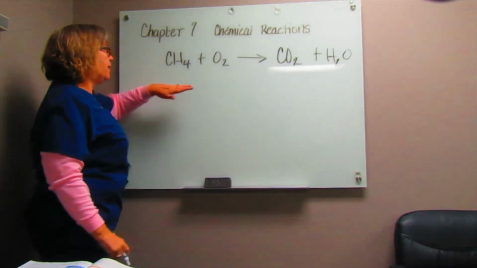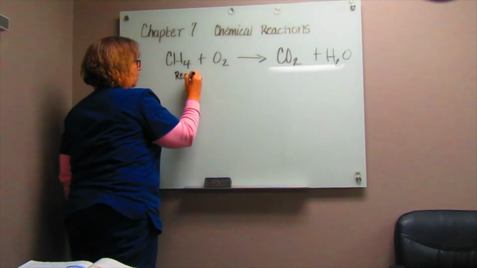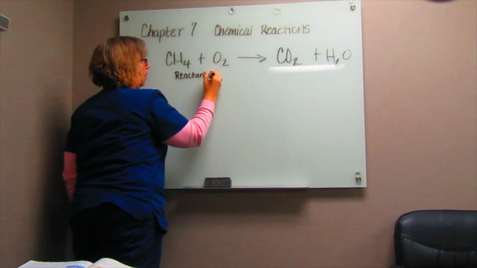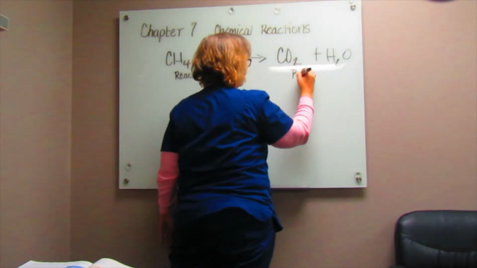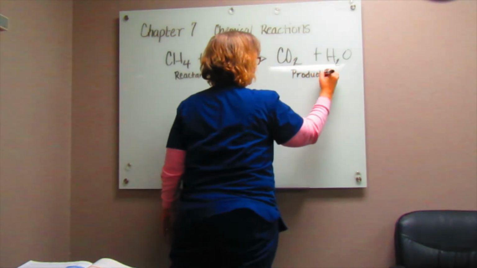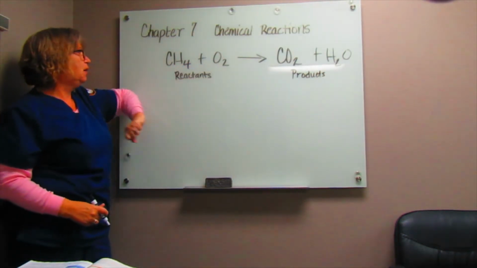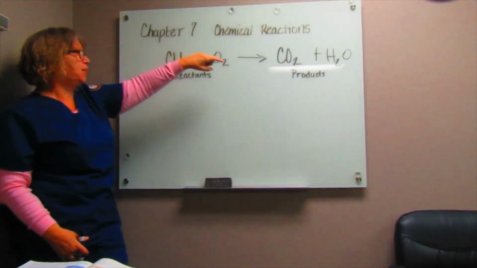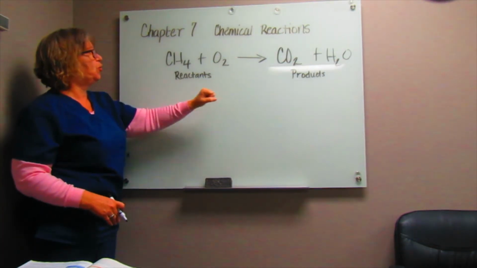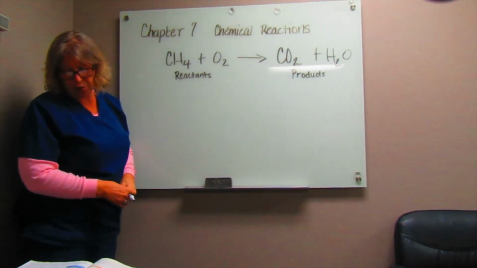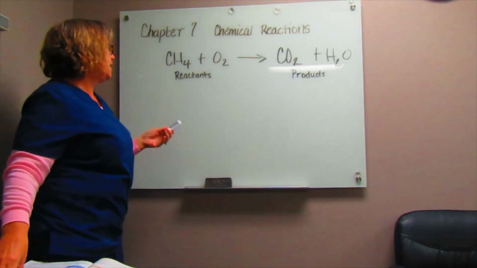On the left-hand side of the equation we have our reactants, and on the right-hand side we have the products. This is an equation for a reaction between natural gas and oxygen, and when these two react, they produce carbon dioxide and water. And what we're going to learn is how to balance these equations.